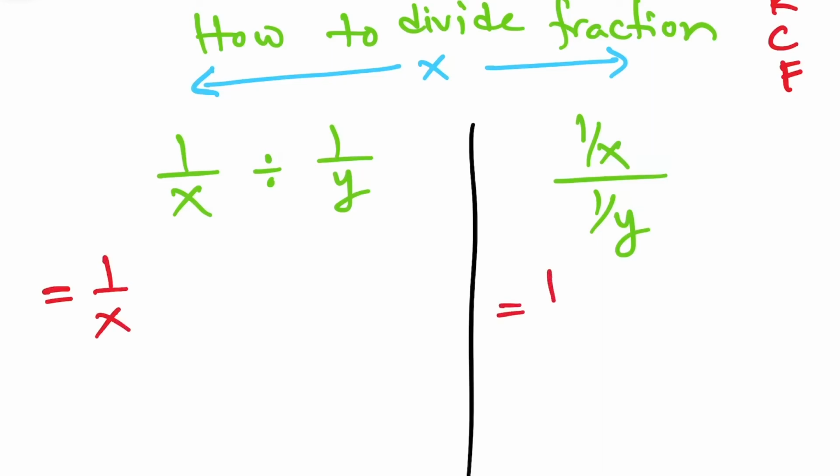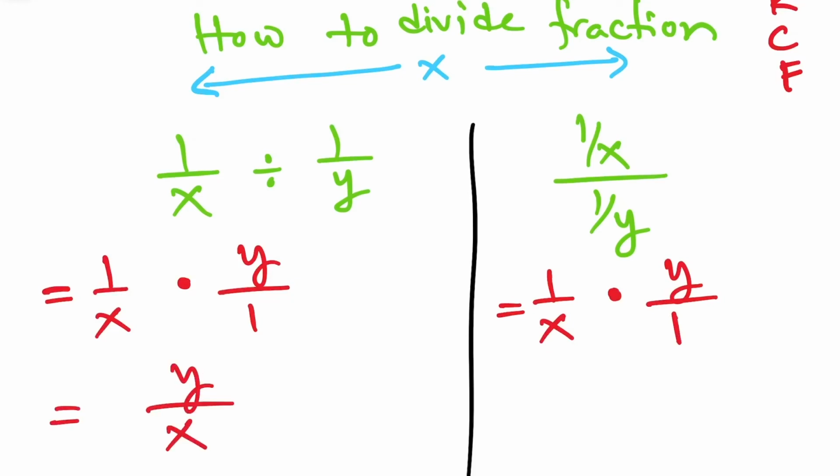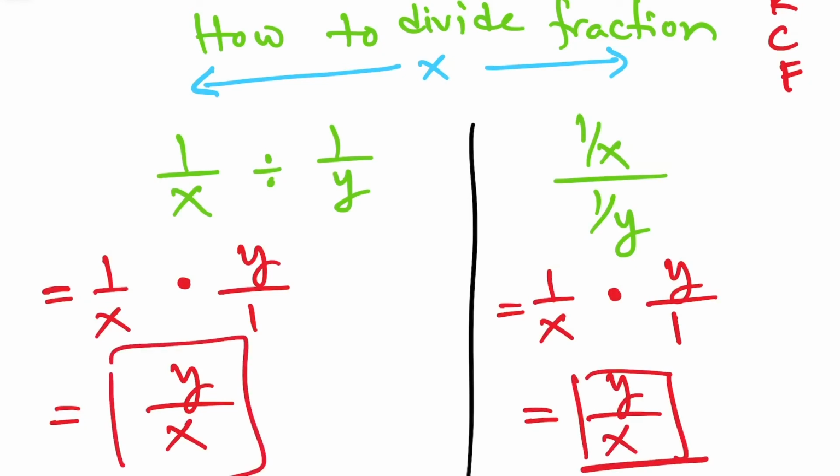So that means keep the first term, change division to a multiplication sign, and flip the second term. So y goes on top, 1 stays in the bottom, y over 1. Multiply the top number, y divided by x. So multiply the top number and multiply the bottom number.